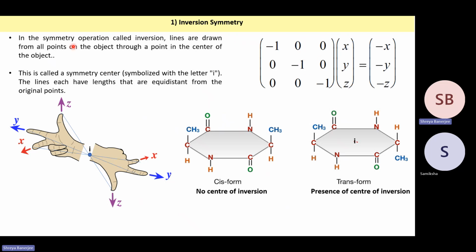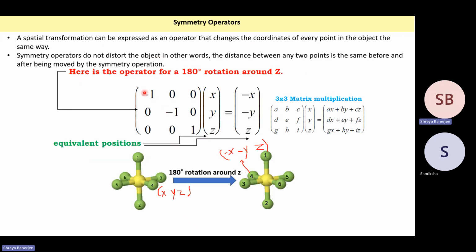Now this matrix was basically, you had minus 1. You can imagine, a unit matrix is basically where you have 1 in the diagonal and 0 in all the other places. So in this matrix, you had minus 1 in X and Y and 1 in case of Z. That was your 180 degree rotation around the Z axis.